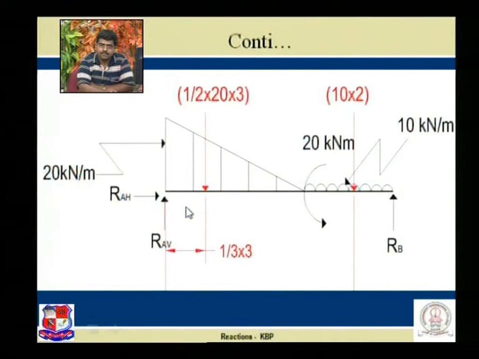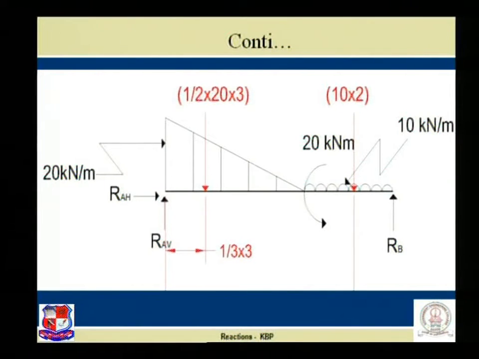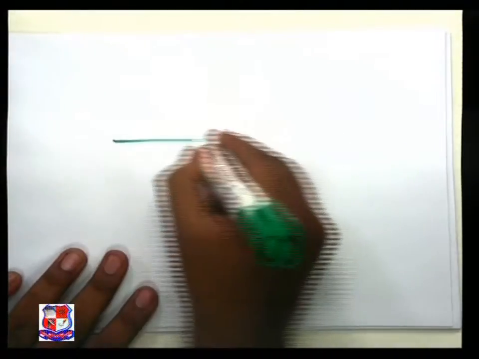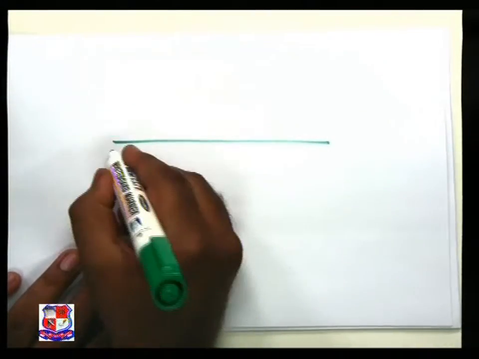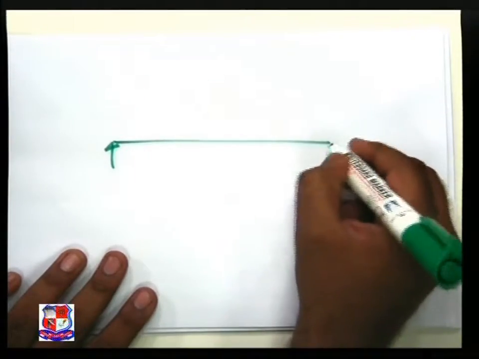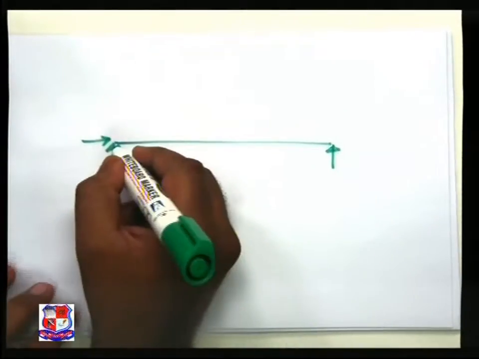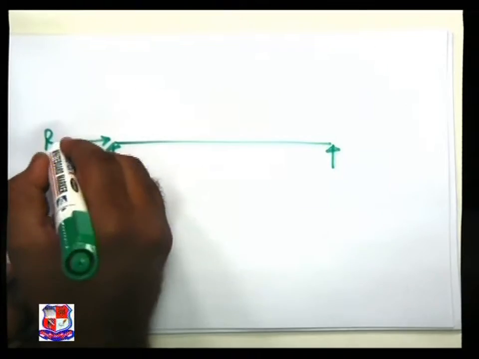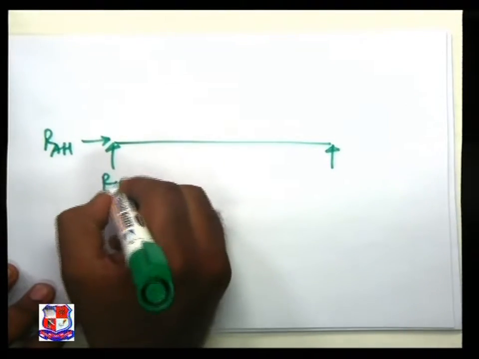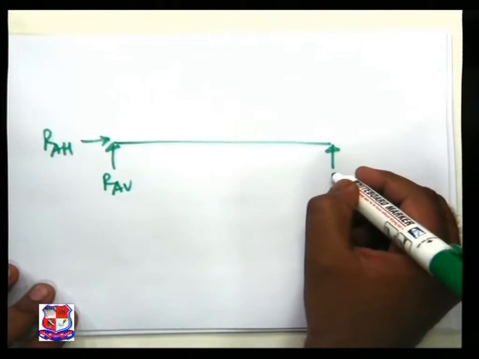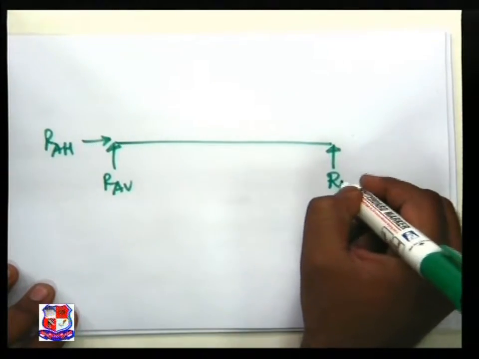Simplified figure. It is plotted here to understand this figure very well. The given beam is of this kind of nature. Hinge joint, RAH, RAV, roller support RB.